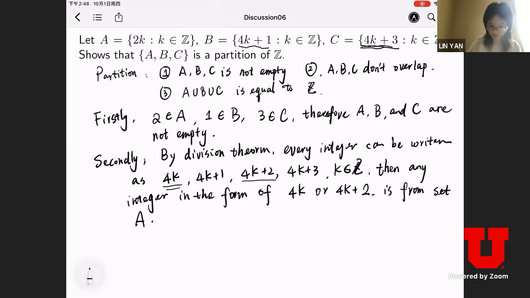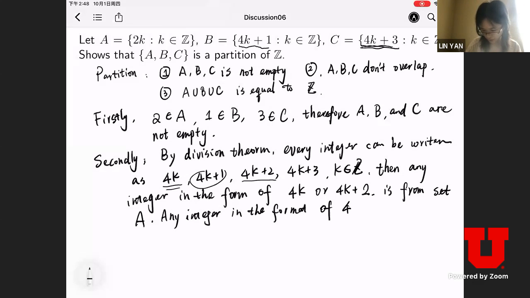Okay, so then any integer in the format of 4k plus 1 is from set B.